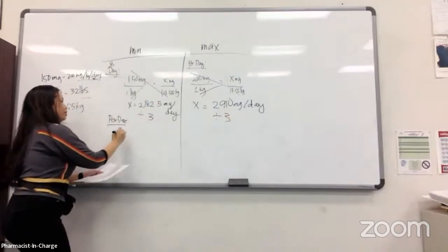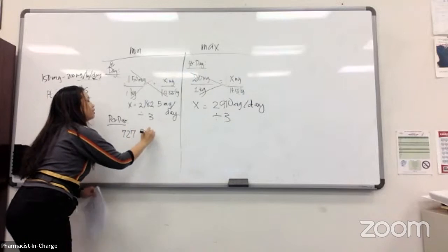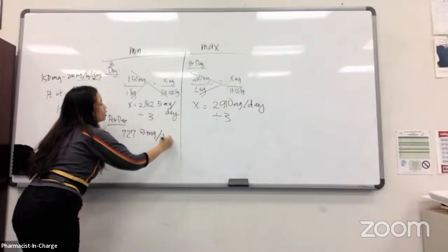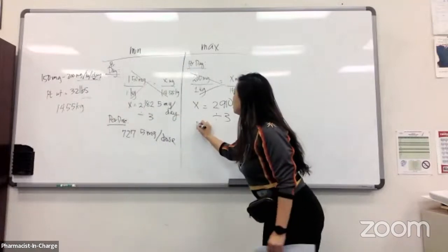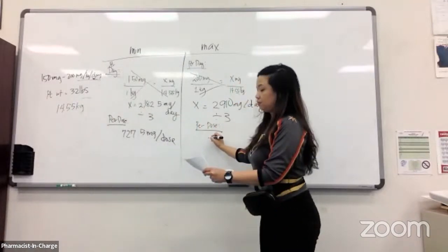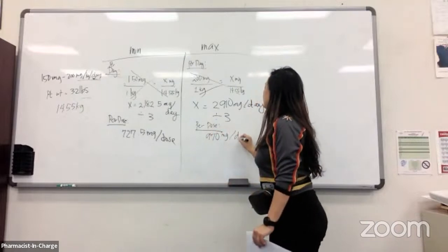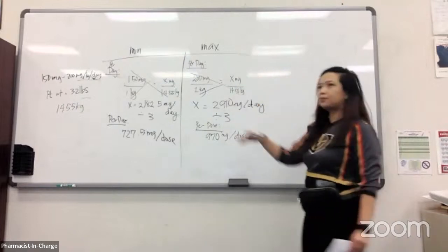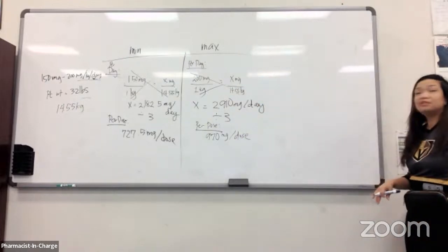So my per dose here should be 727.5 milligrams. I'll put per dose, so I'm not lost. And this one will be another per dose, 970 milligrams per dose. Who got everything at this point? Good job.